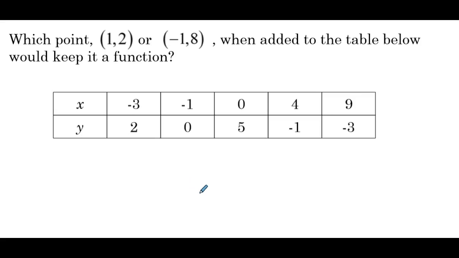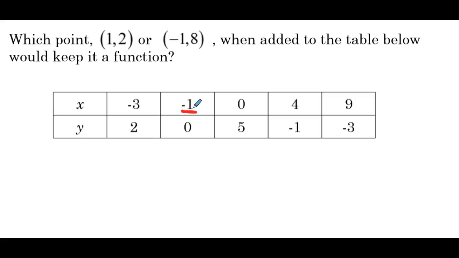Now, which point, (1, 2) or (-1, 8), when added to the table below, would keep it a function? So, one of those points is going to take an input and map it to two outputs. So let's look. If we look at our set of inputs, we have -3, we have -1, we have 0, we have 4, and we have 9.